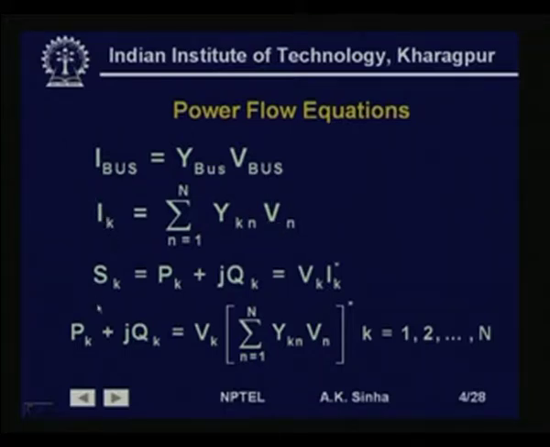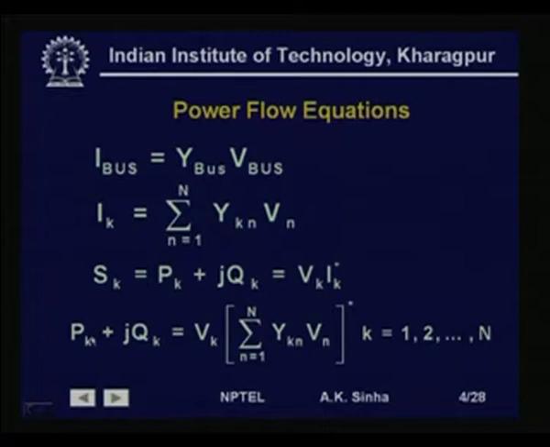From this equation we can write the complex power injection into bus k as P k plus j q k, where P k is the real power injection and q k is the reactive power injection. This is equal to V k into I k conjugate. Now, we know this I k from this equation.